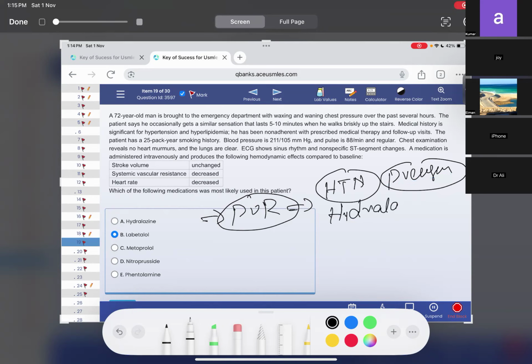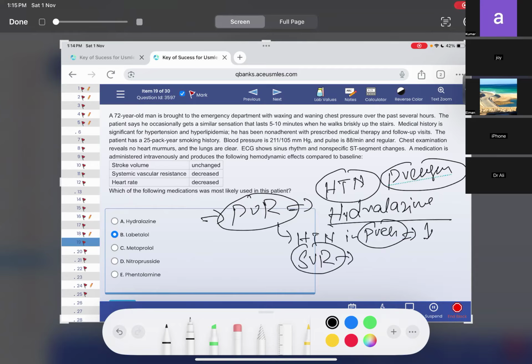So hydralazine is most commonly used in hypertensive emergency in pregnancy, because in pregnancy we have to decrease the systemic vascular resistance and we require high cardiac output. We do not require venodilation, we only require increased blood flow through the vessels.